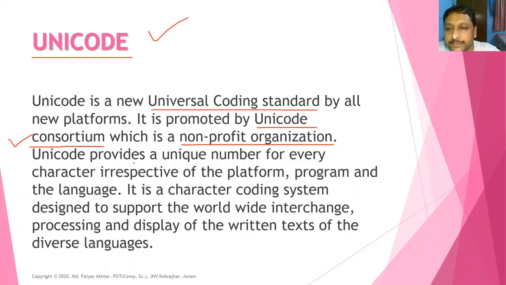Now, Unicode provides a unique number for every character irrespective of the platform, program, and language. Okay, language barriers, platform barriers, program barriers have been demolished, and a single code system was developed, that is Unicode. Now you can see that we can use Facebook, WhatsApp, and represent any characters.